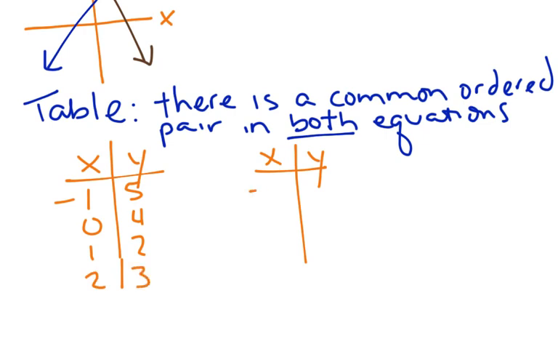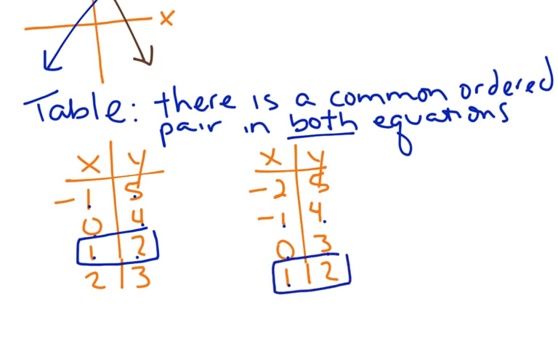And in the next table we have -2, 5; -1, 4; 0, 3; and 1, 2. We are looking for where there is an ordered pair in common. So -1, 5 and -1, 4, that one doesn't work. 0, 4 and 0, 3, that doesn't work. 1, 2 and 1, 2. That is common in both. So here, the ordered pair 1, 2 is the solution.